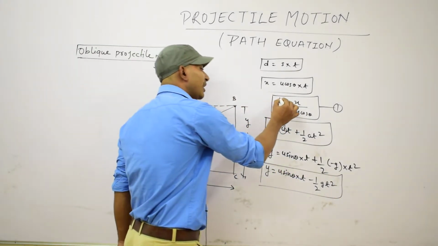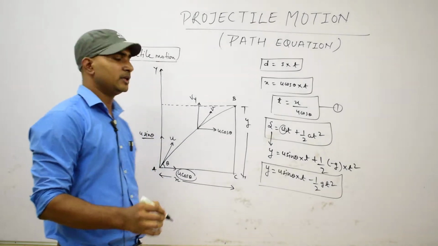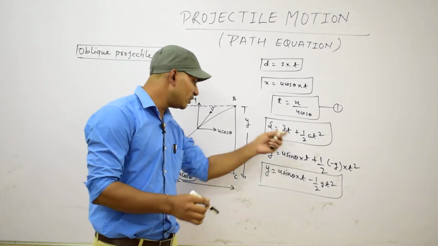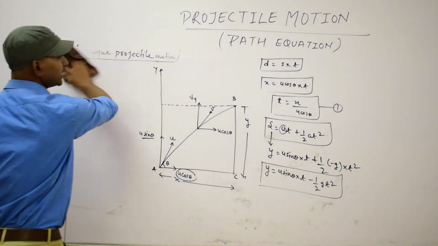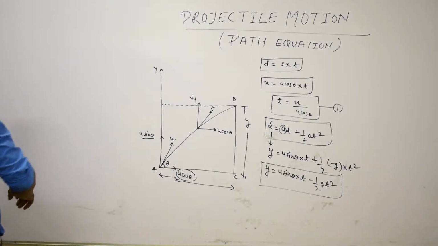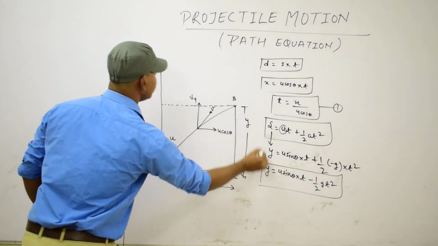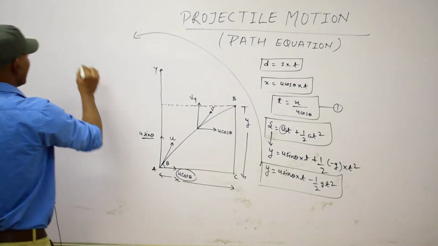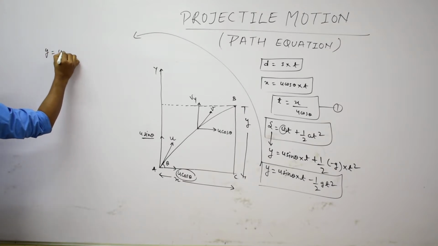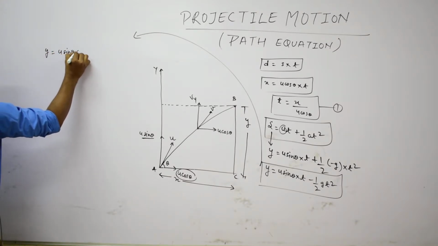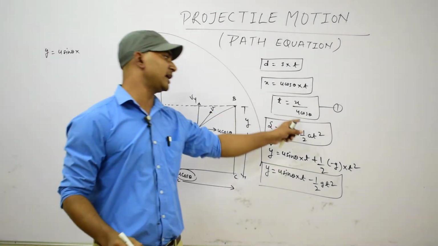Now I can put the value of t in this particular equation. So if you are putting the value of t in this equation, just see here what we'll get. On the left portion I am writing y is equals to u sin theta, in place of t I can put this x upon u cos theta.